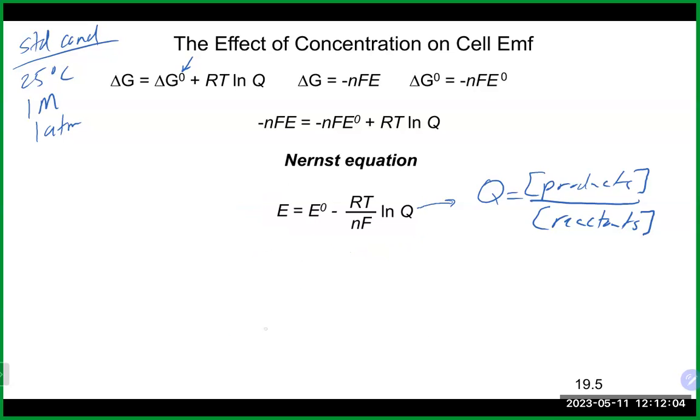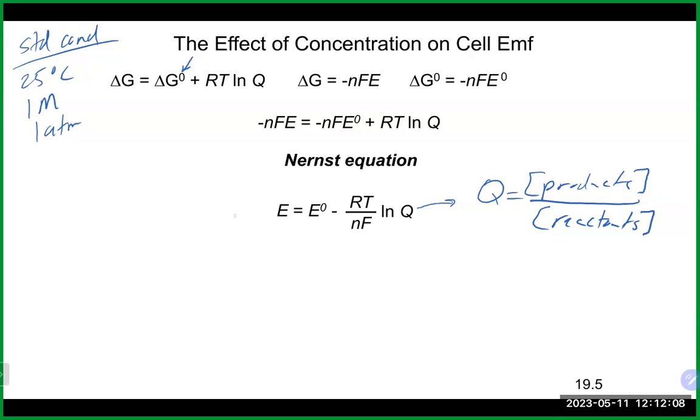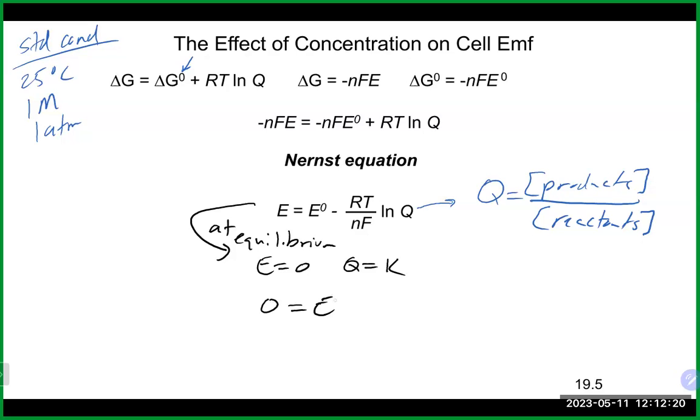And that is because, kind of like what we talked about in thermodynamics, if we are at equilibrium, E would equal 0 and Q would then be the equilibrium constant. So if you did that, that is how we get to that other equation that we used earlier.